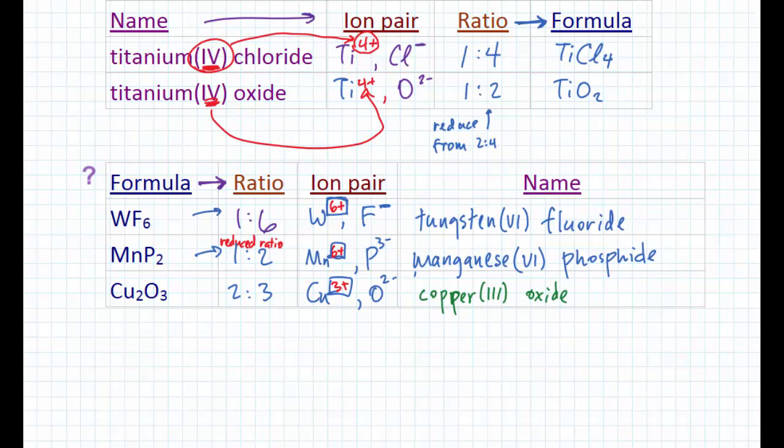For instance, this manganese 6 phosphide, MnP2. If we do like we did before, you can draw out those ions. Here's an Mn6 plus ion. Here's 2 of these P3 minus ions. That is a neutral group.